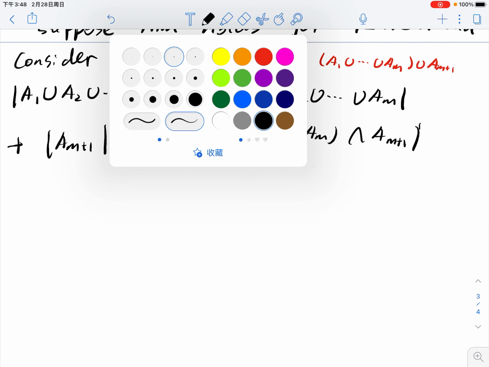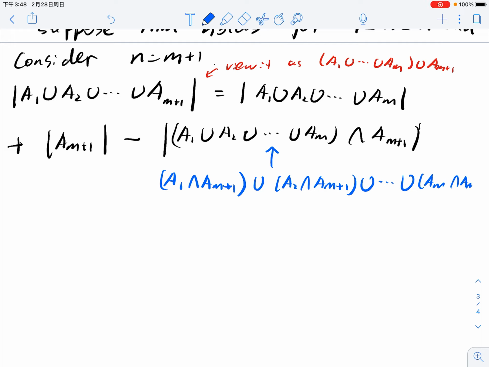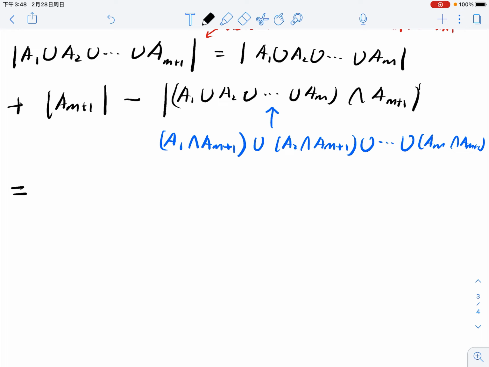Okay, then for this one, we know that we can rewrite it as A1 intersection AM plus 1, union A2 intersection AM plus 1, union all the way to AM intersection AM plus 1. Okay, now you apply induction.